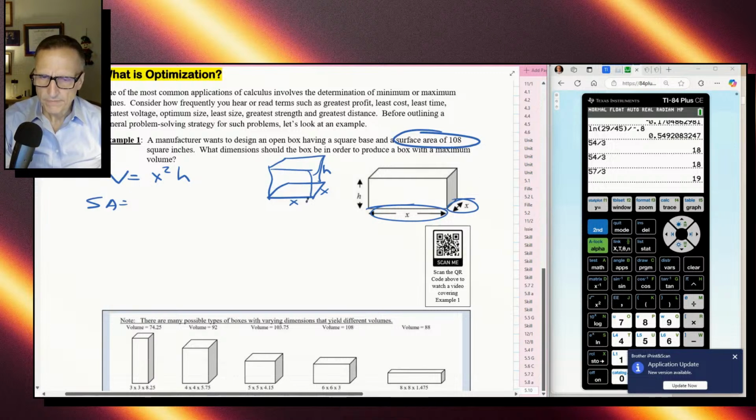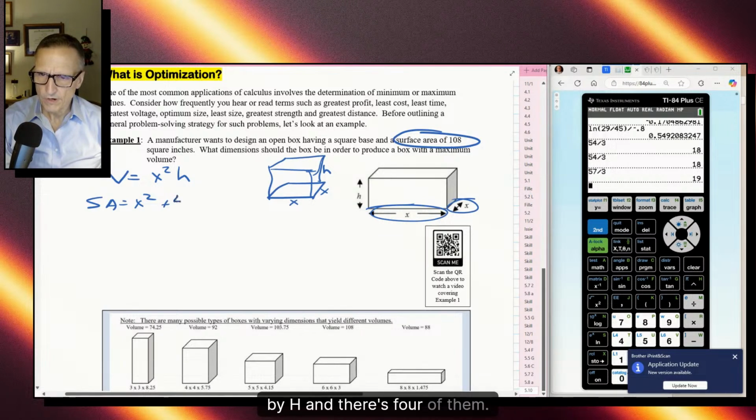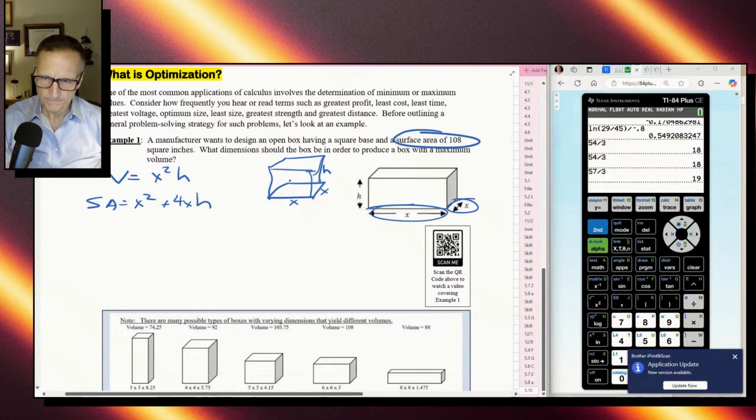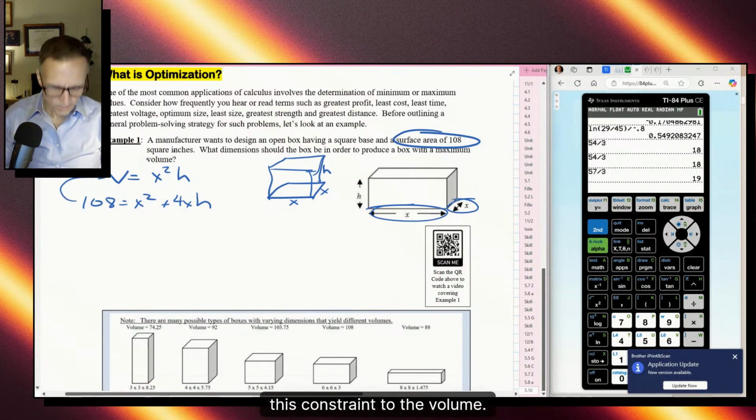I've got a top and a bottom that are x squared in area. And then the four sides are the same dimension, x by h, and there's 4 of them. So that would be the surface area for this box. And this surface area is 108. So really what I need to do is apply this constraint to the volume.